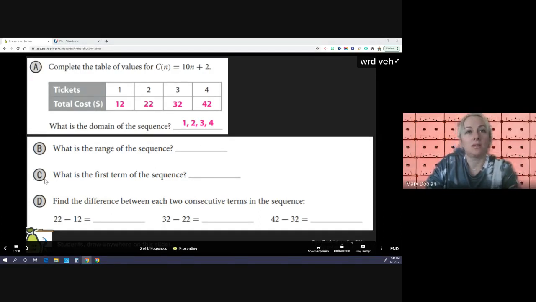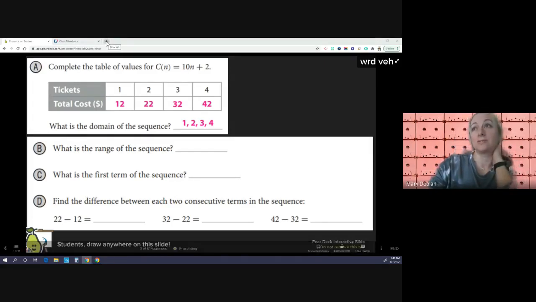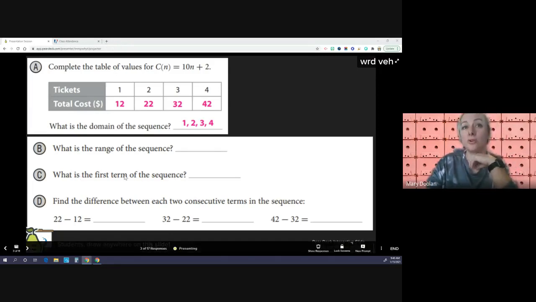And C, what is the first term of the sequence? If you remember when we were doing our notes last Tuesday, we talked about what it means to be a term. What is the first term? And then D, find the difference between each two consecutive terms in the sequence.